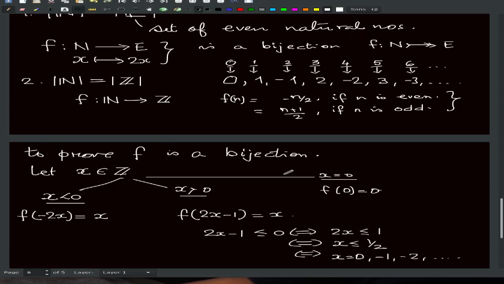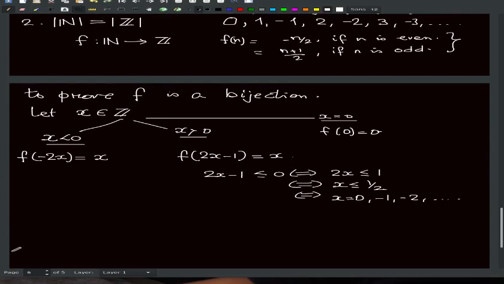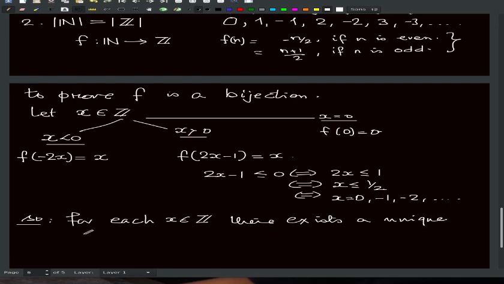You have produced the unique thing. For each x in Z, in general, this check tells you there exists a unique y in N such that x is equal to f of y, hence f is a bijection.